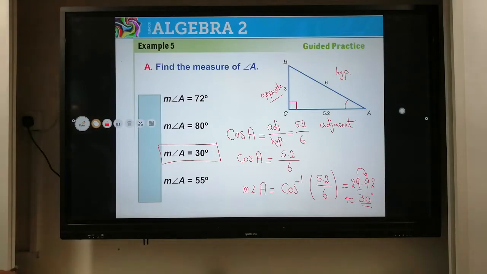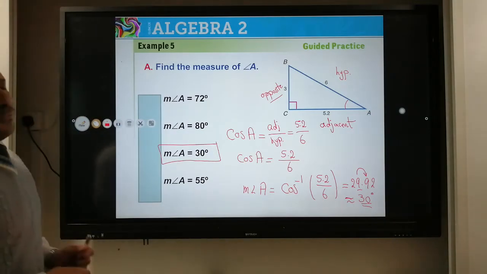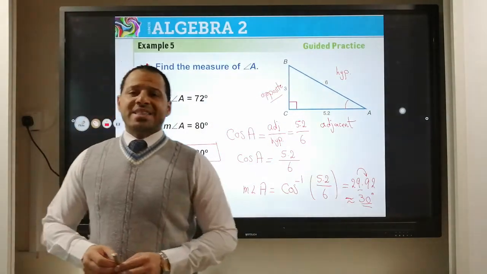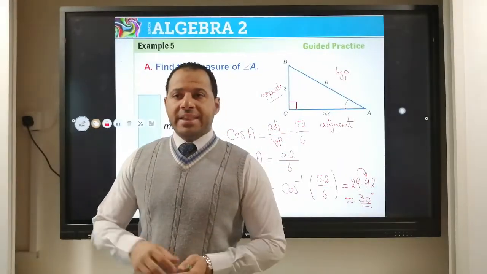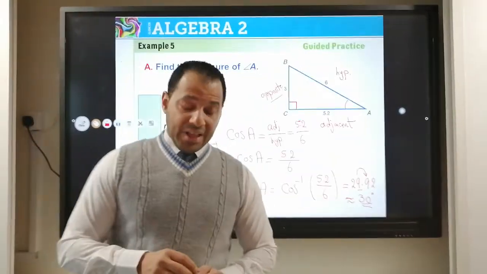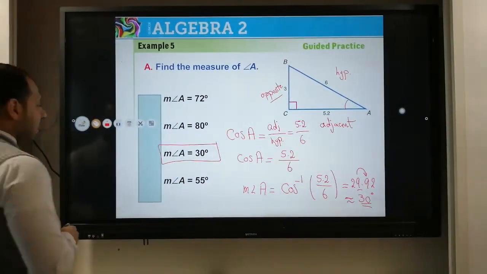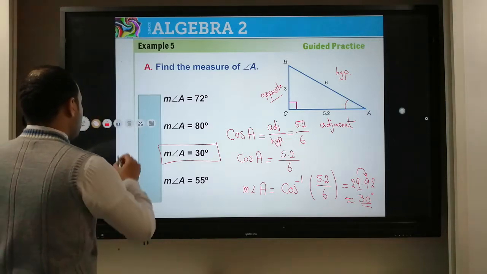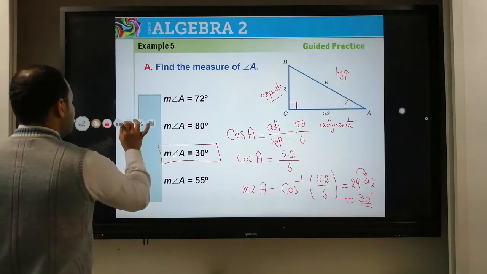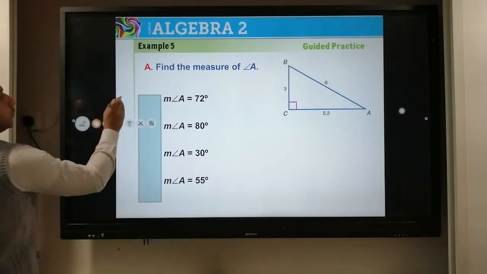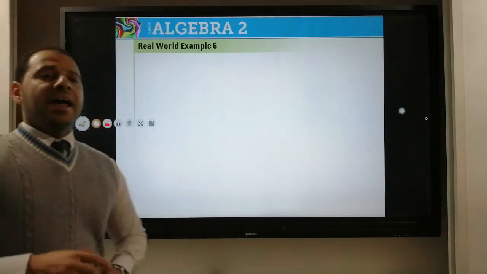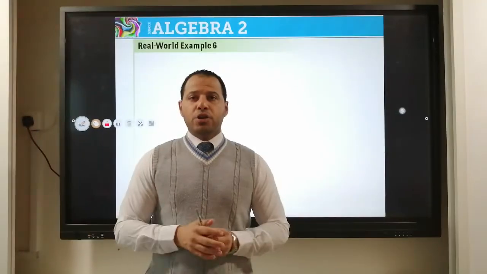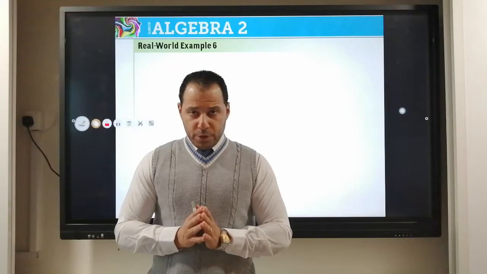Okay, let's start to talk about the second idea for this lesson, which is angle of elevation and angle of depression. And as I said, it's a revision of what we studied in the previous year. What is meant by angle of elevation and what is meant by angle of depression?